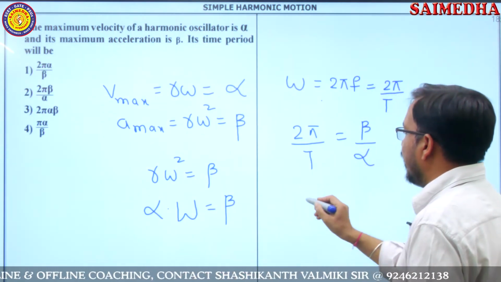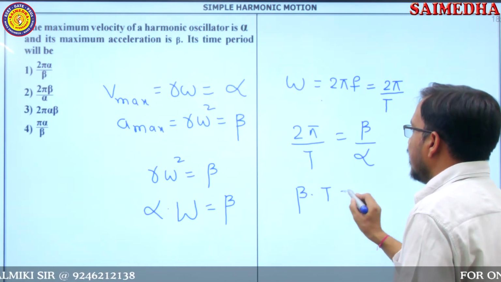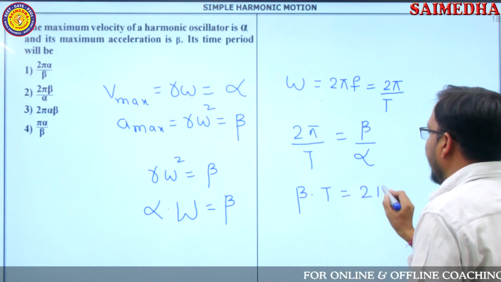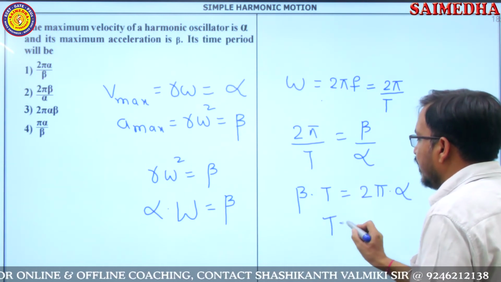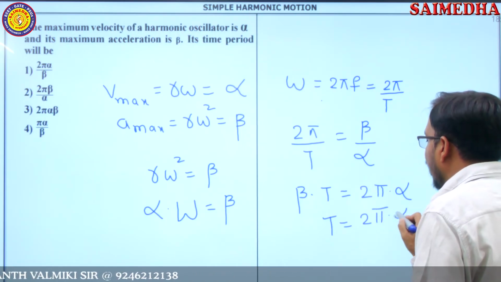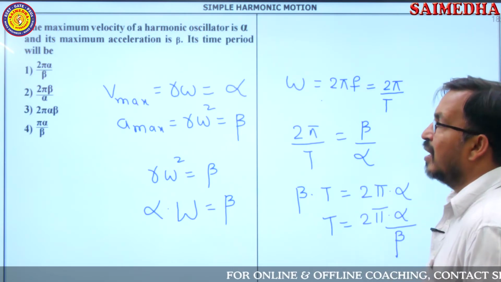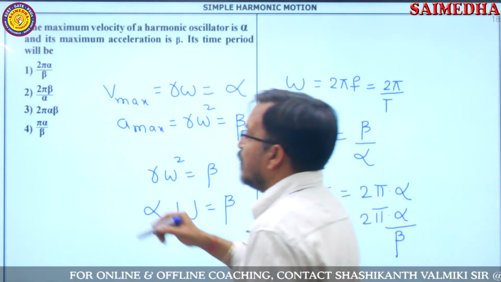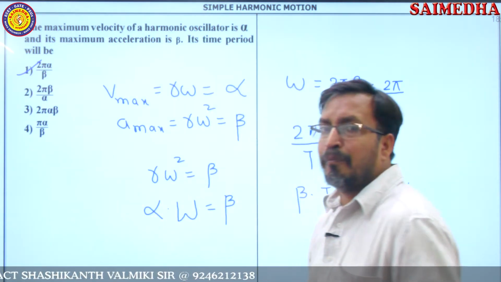Now cross multiplying, beta into time period T equals 2 pi alpha. From that, time period T equals 2 pi into alpha by beta. This is the answer. So in the 4 options, option 1 is correct, that is 2 pi alpha by beta.